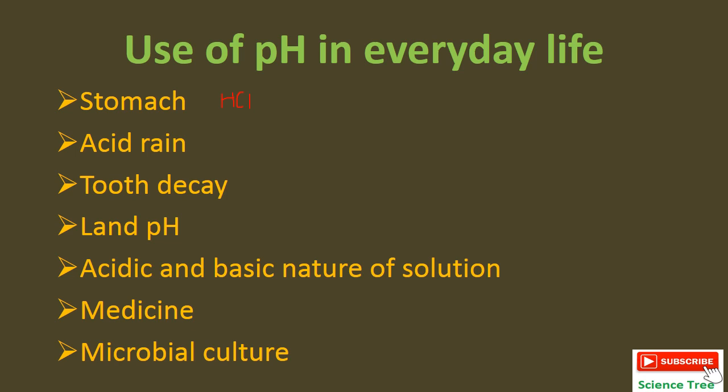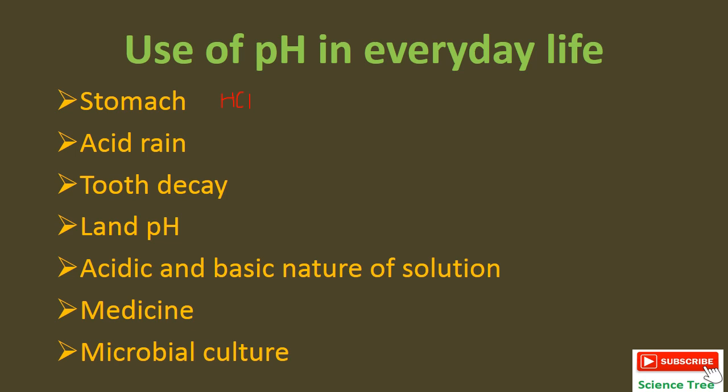But when we take more spicy food or more fatty foods, what happens? More hydrochloric acid will be released, and this hydrochloric acid can cause acidity in the stomach. So it can cause heartburn and so many other symptoms.